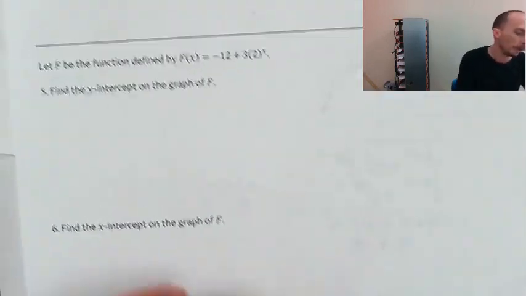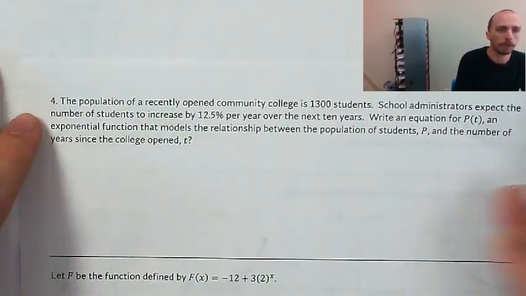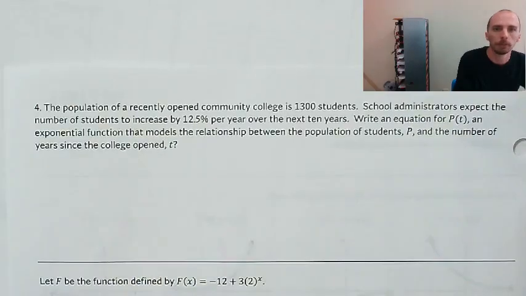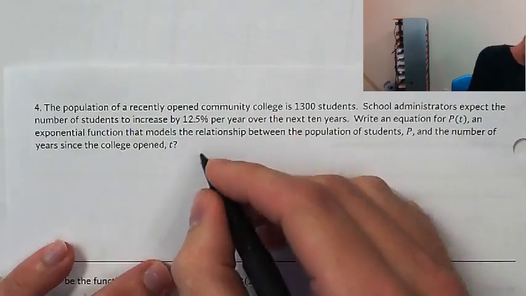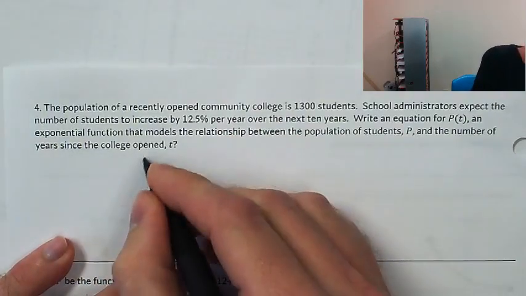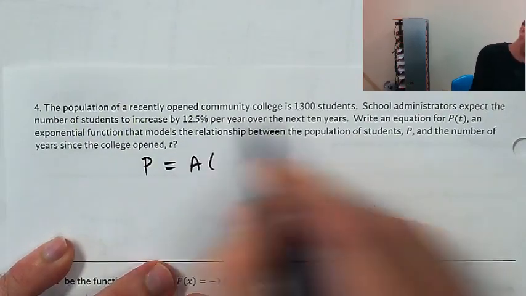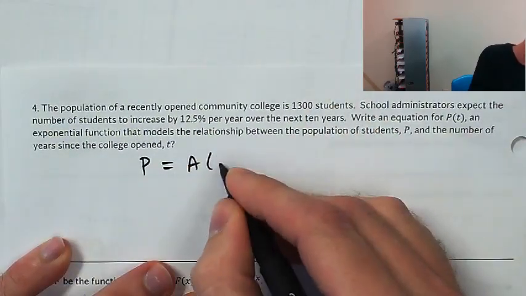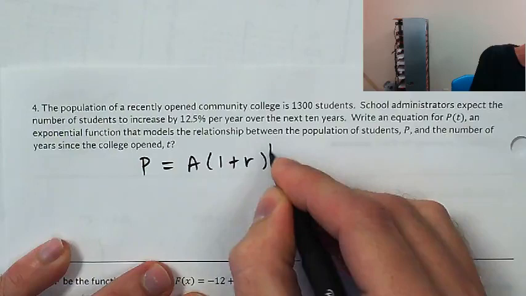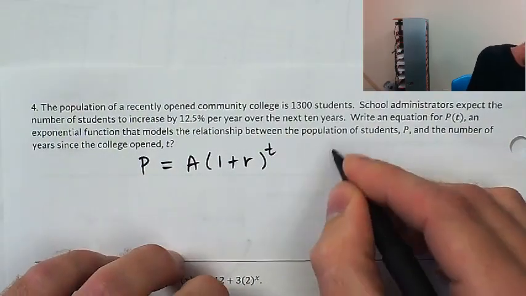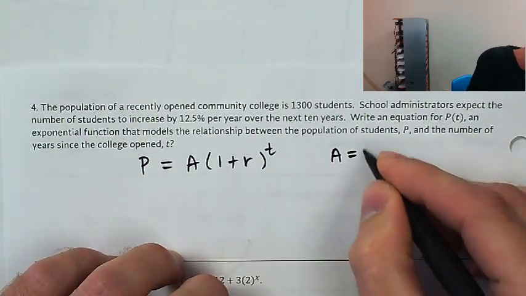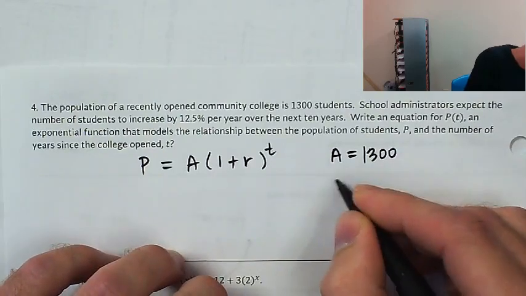Okay, let's keep moving. So on the back side, the population of a recently opened community college is 1,300. Okay, so when it opened, or right now, it's 1,300. So p of t, all right, so p is going to equal a times, okay, this is a percent growth increase. Yeah, so it's going to be 1 plus r to the t power. Okay. In our case, a is the initial value, so that's 1,300 students.